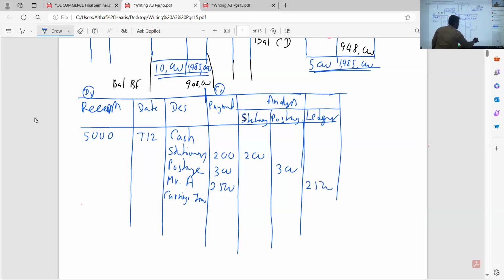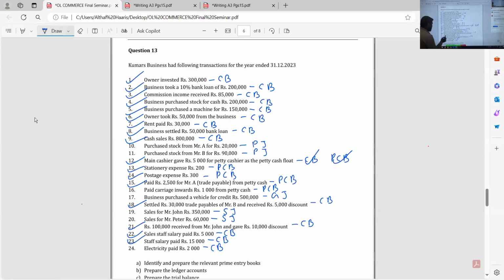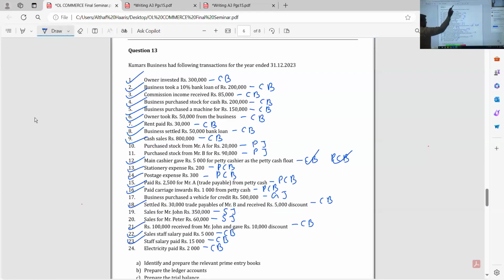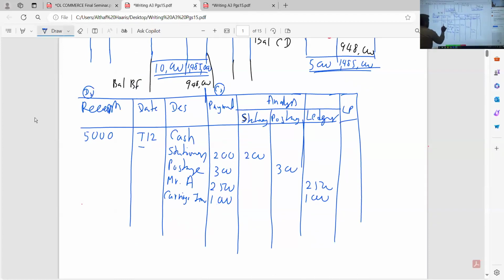Then carriage inwards, 1,000. So what are the transaction numbers? I'll write 13, 14, 15, 16. T13, T14, T15, T16. So let's take the total.